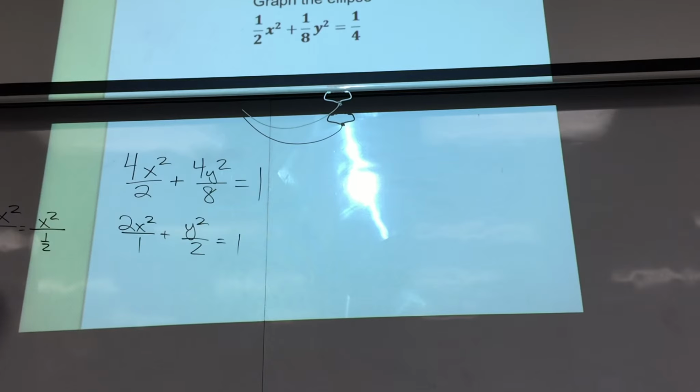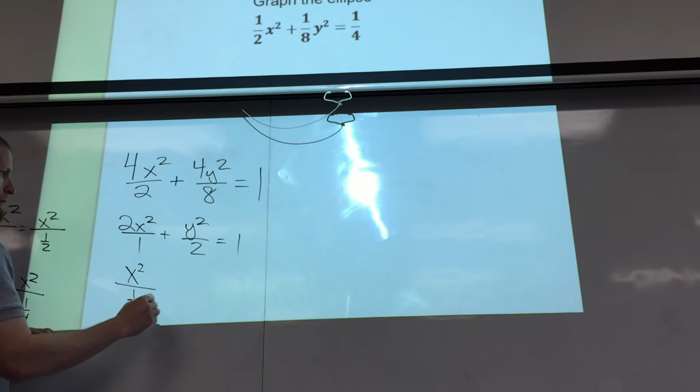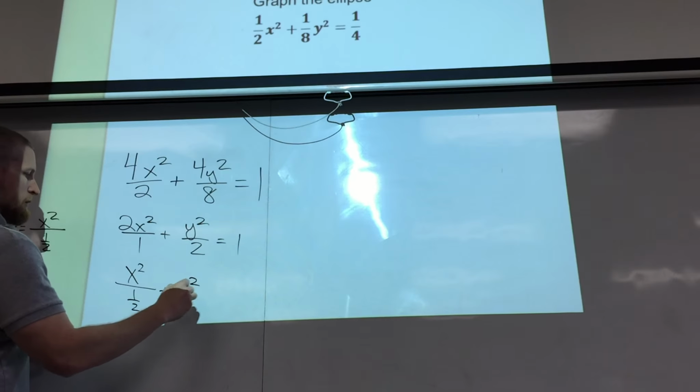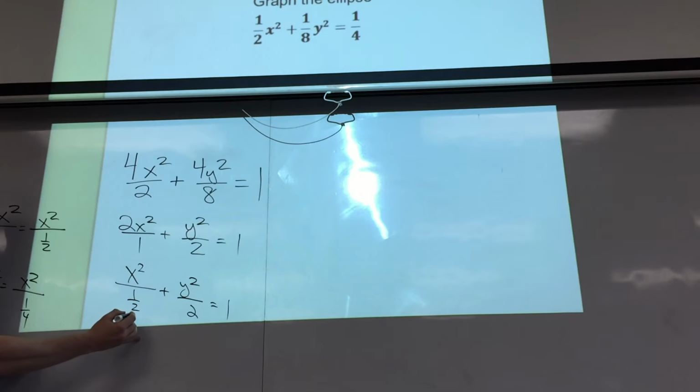If it was like 4x squared, that'd be equivalent to x squared over 1/4. I would write it that way because when we actually do the work here, this is a squared or b squared, and so is that.